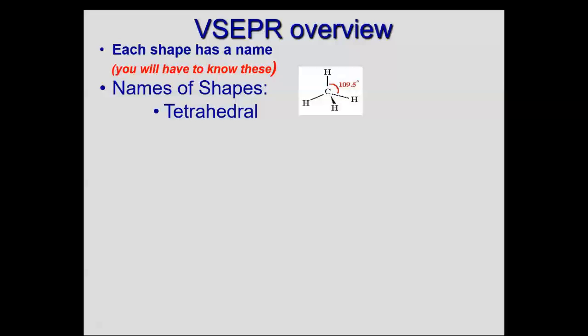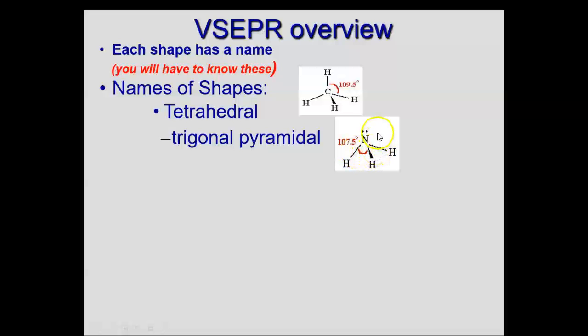is 109.5 degrees. In the trigonal pyramidal, you can see there are 1, 2, 3, 4 electron pairs, but there's 3 bonds, as in this ammonia molecule, and a single lone pair.